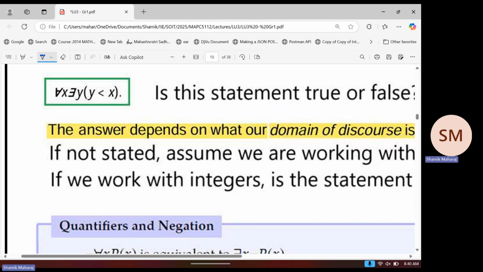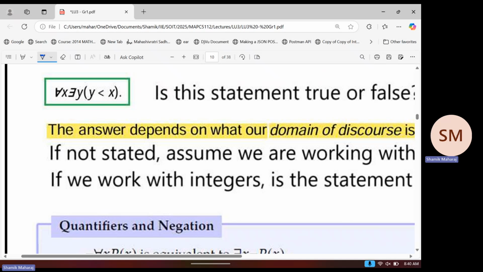Does it seem like a true statement? For every x there exists a y. I guess it depends on which numbers we're talking about. Let's say we're talking about whole numbers. Is this true for whole numbers? Because this is saying you can always find another number which is less than the previous number.